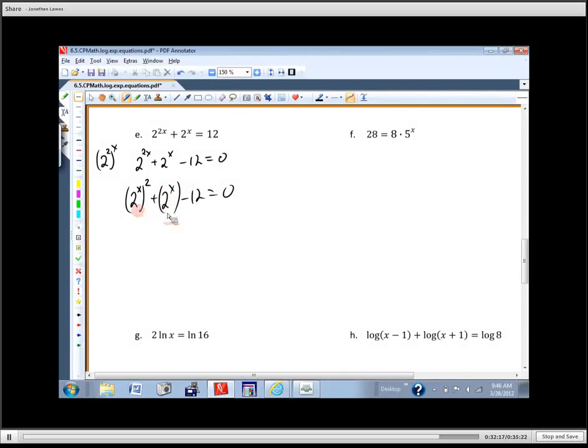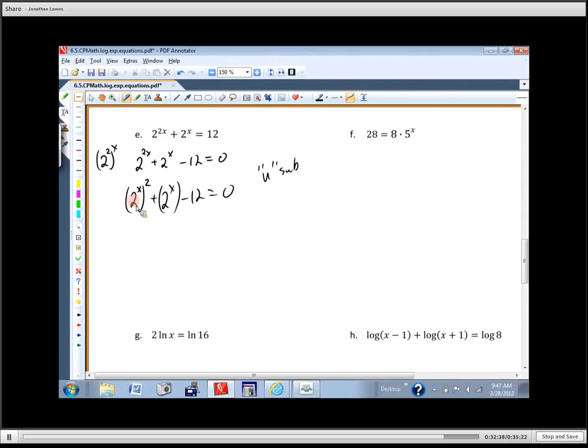Does anybody recognize that? It has 3 terms. We can do something called a U substitution. U substitutions or a change of variable are used to make things look more familiar. So what if I said, hey, you know what?